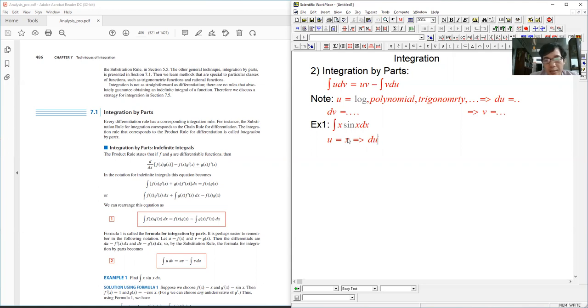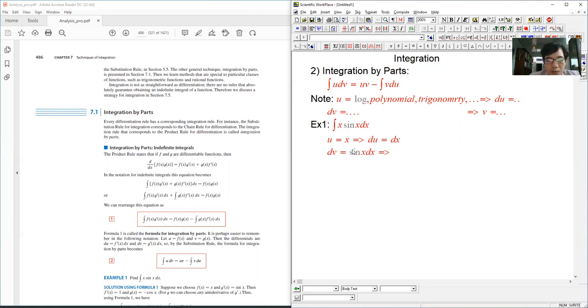You will get du equal x dash, equal 1, so we just write dx. And for dv we take whatever is left in this integral, so dv equals sin x dx.